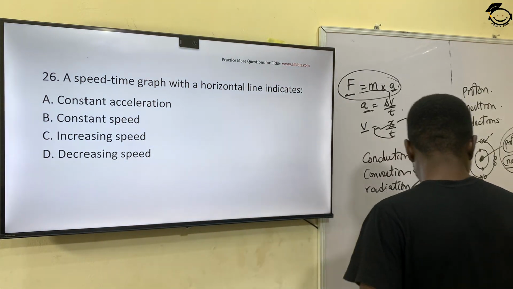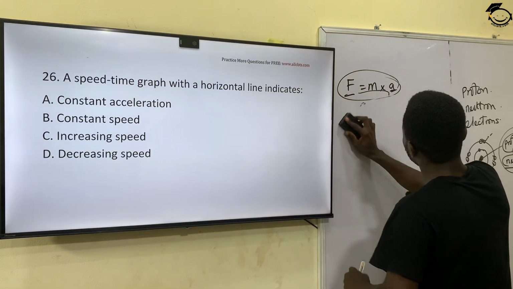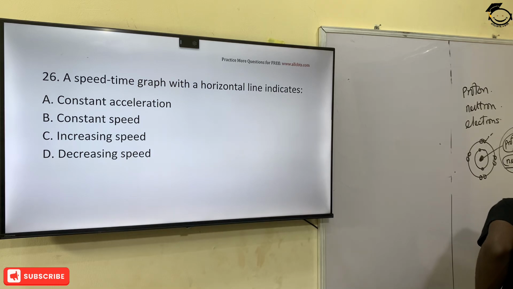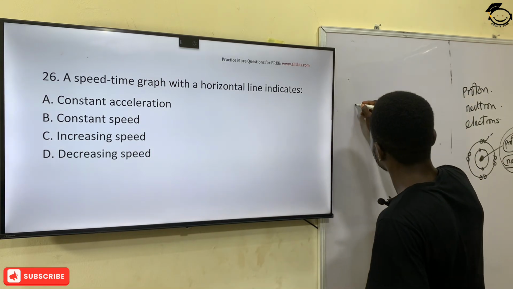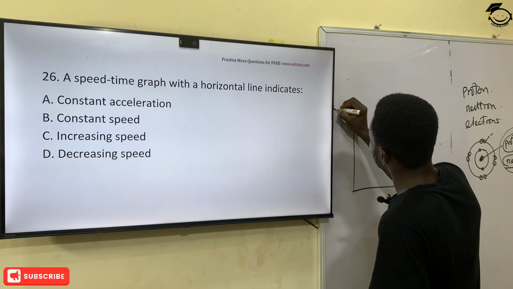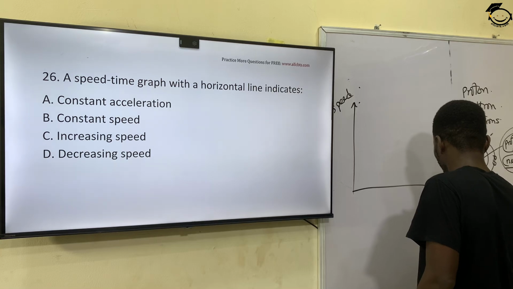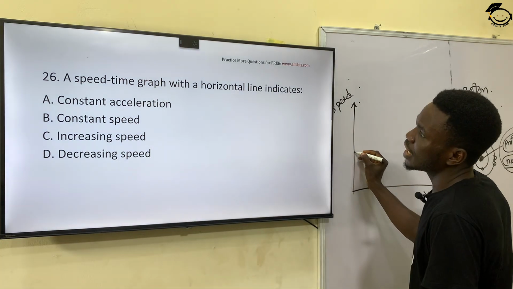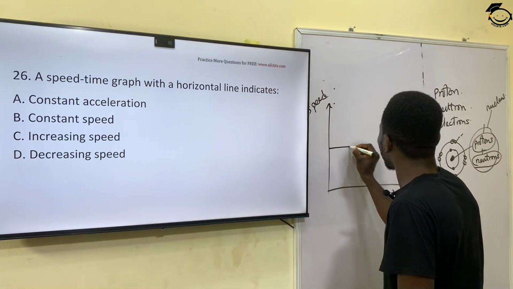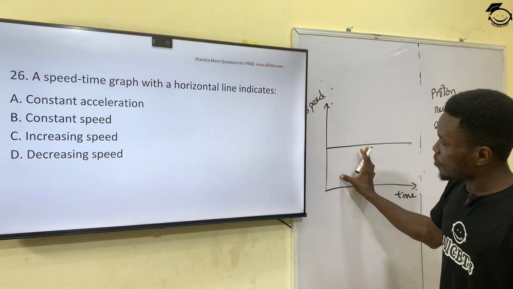What are they telling us? If I have a speed time graph, let's say this is a speed time graph now, this is speed and this is time, and they are telling us that it has a horizontal line. What type of graph is this?